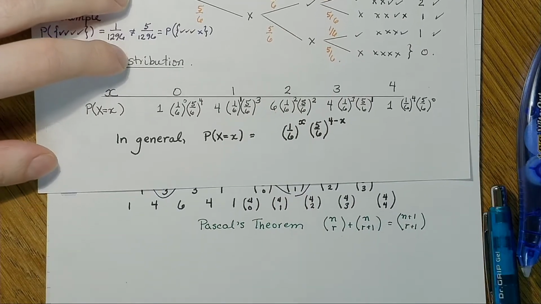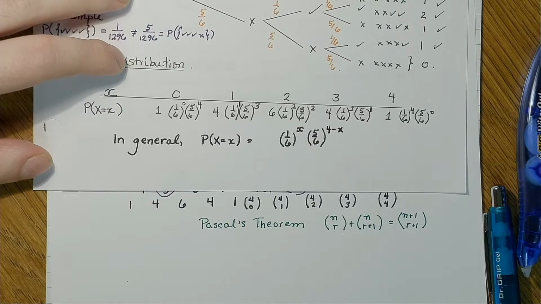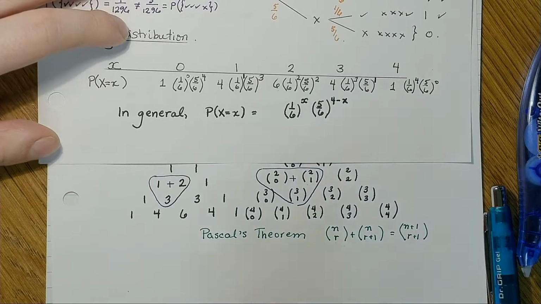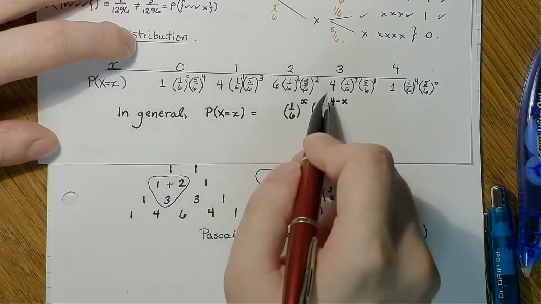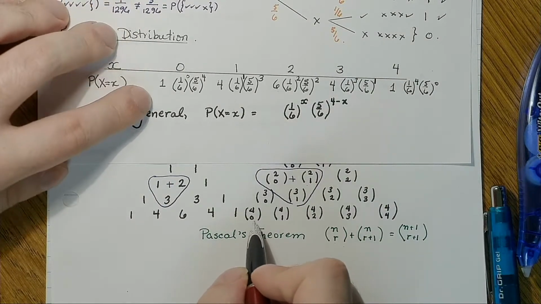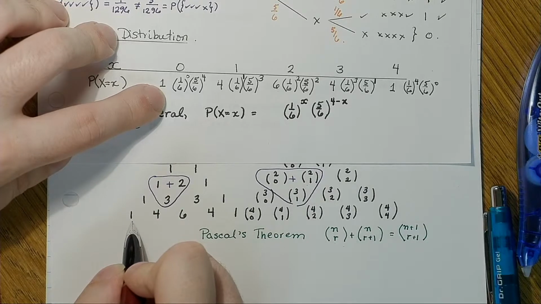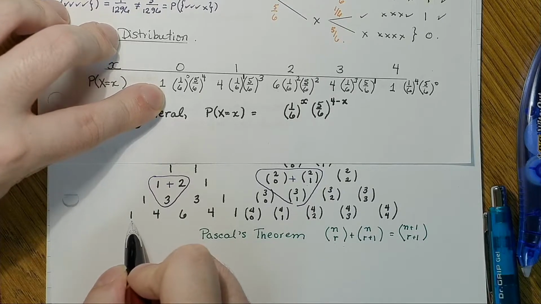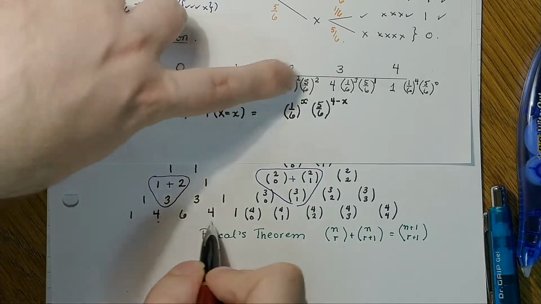But just looking at this now, those are my numbers. So I have 1, 4, 6, 4, 1. What I'm going to do is notice that it follows the same way. So here's 1, there's 4, 6, 4, 1.